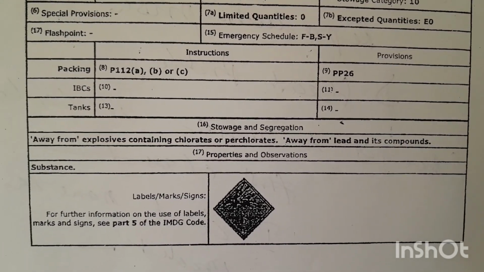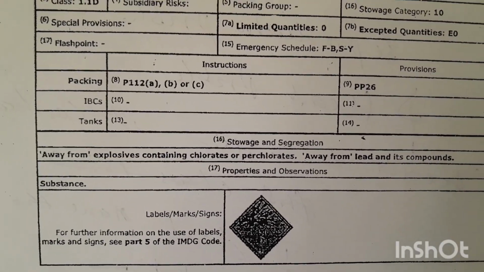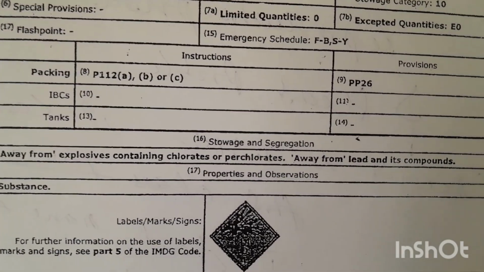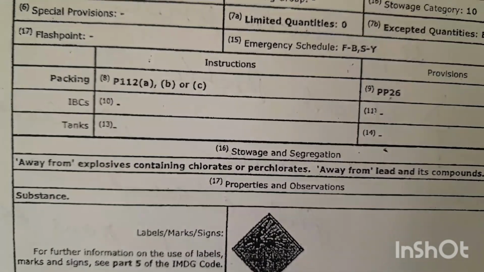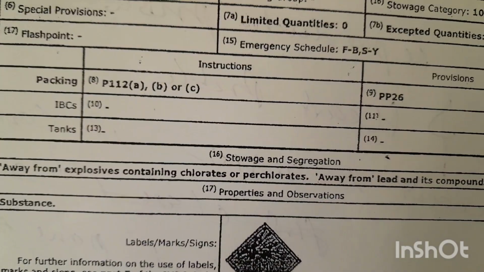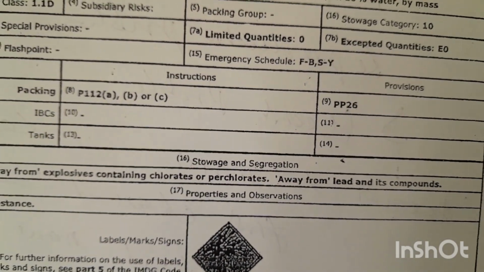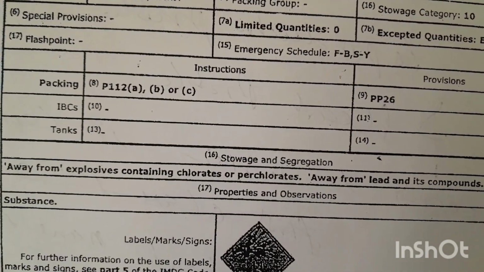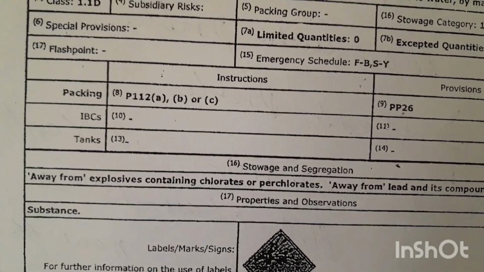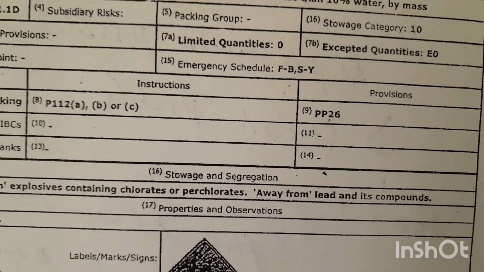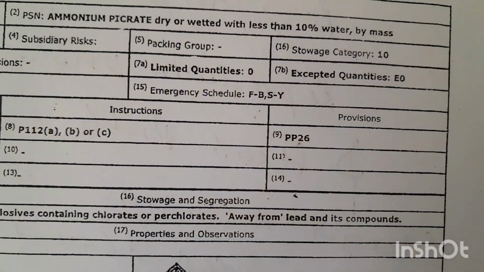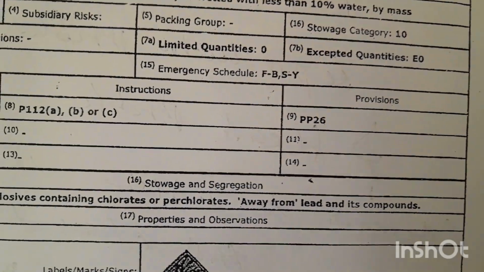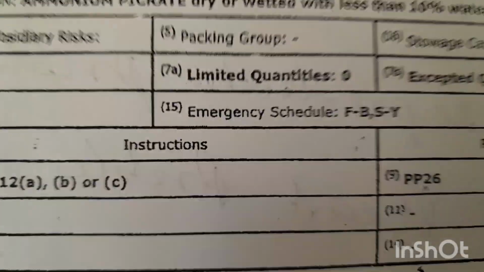Packing group, P112, then IBC, that is the column number you can see, 10, 13, then 14, then comes to 16, that is the storage and segregation, how to segregate the goods and how to store it. So these are the various things, where the last one is properties and substances, that is column number 17. You look for the fire schedule, column number 15. You can see here the column number 15 talks about the fire schedule.